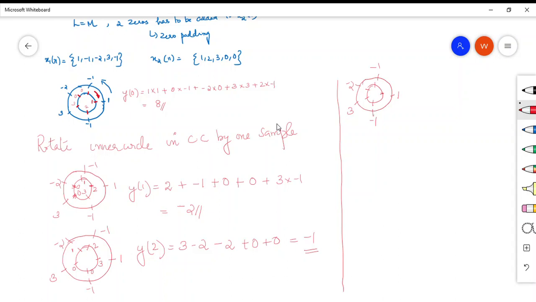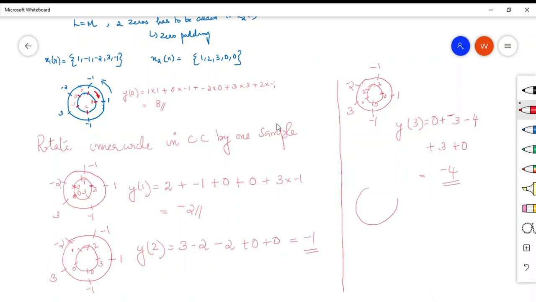In the inner circle, the points become 0, 3, 2, 1, 0. So now y of 3 is equal to 0 plus minus 3 minus 4 plus 3 plus 0. So the answer is minus 4.